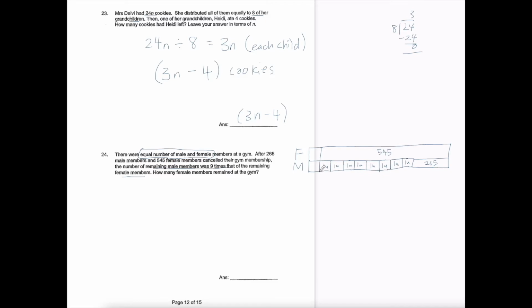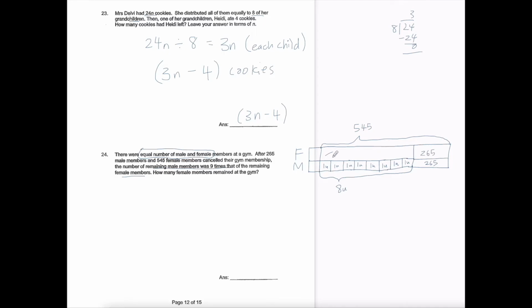So in total here there are 8 units. Then we can find out how much 8 units is. I'm going to put 545 outside. Over here it's 265.